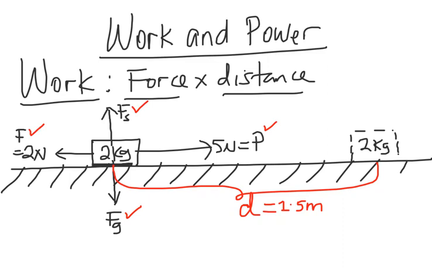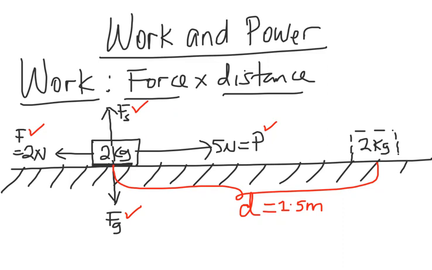Don't just ask what is work, but you must say what is the work done by the pulling force, the gravitational force, the support force, and the frictional force. Or you can also ask what is the work done by the net force acting on the 2 kilogram crate. So we are going to answer these questions.